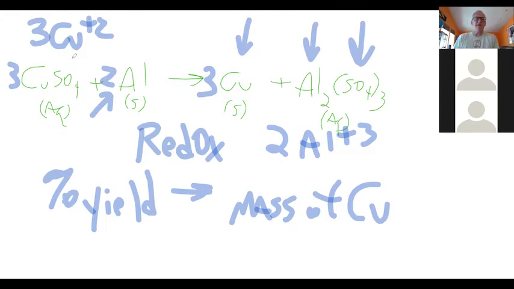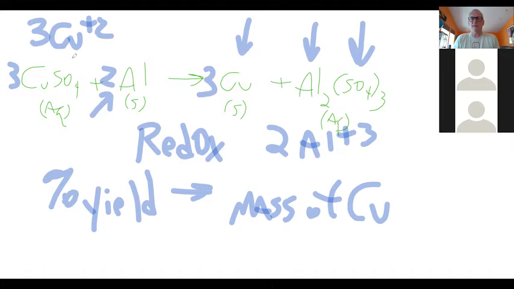How many electrons are going to go from the aluminum to the copper? Total electrons. Because that's what's actually happening in this reaction. Electrons are moving from the aluminum and they're going to the copper. What's the total number of electrons that are going to be transferred? Think about it for a minute.